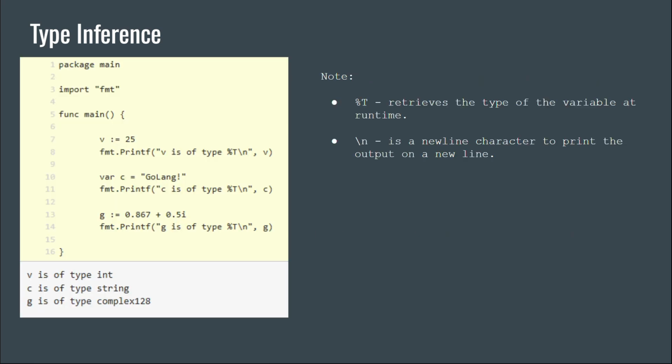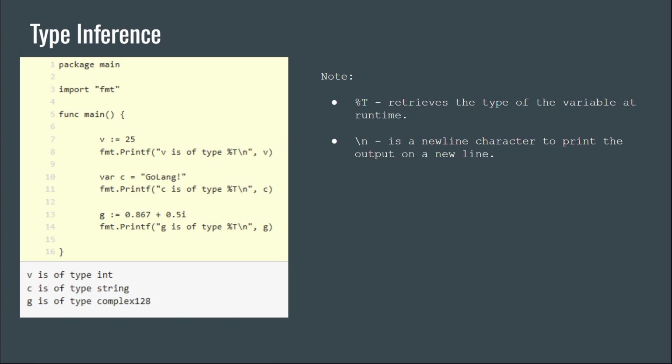In this code example, we can see we have variable v of type int. We get the type int because it has 25 on its right hand side as its value. Then we have c of type string. Then we have g of type complex128. This is how type inference works in Golang.